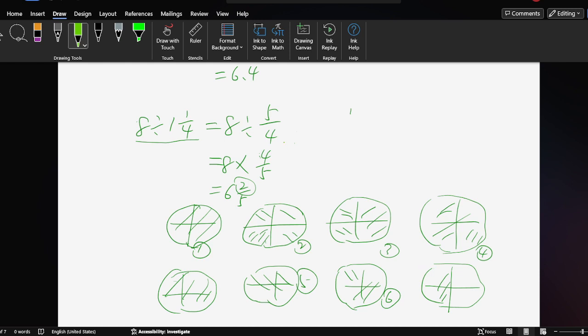This is why we do that. So why do we turn it upside down? 8 times 4: times 4 means every whole part, we cut into 4 pieces. Then how many small pieces? Totally 32. Then we divide again, we reorganize, we divide every group into 5 pieces. Totally the answer is 6.4.